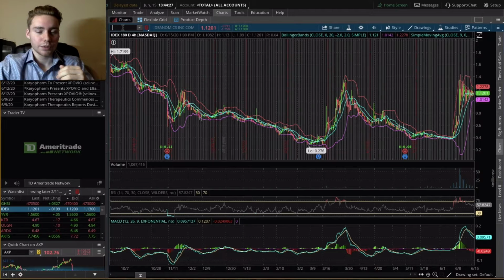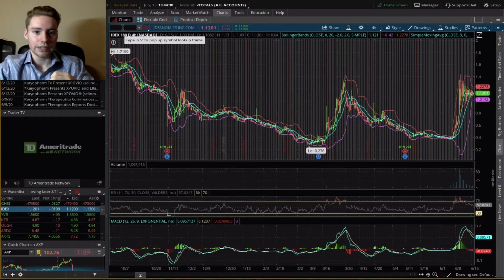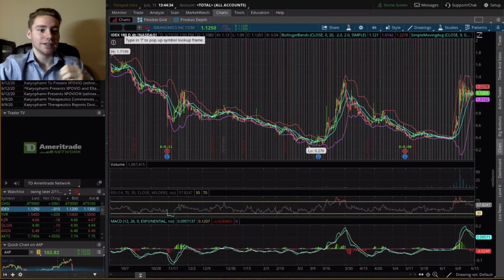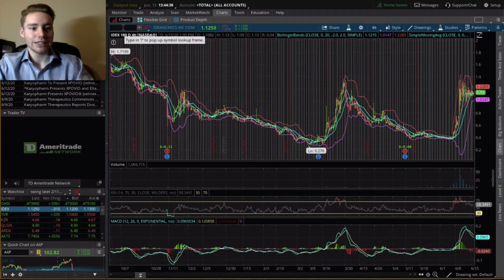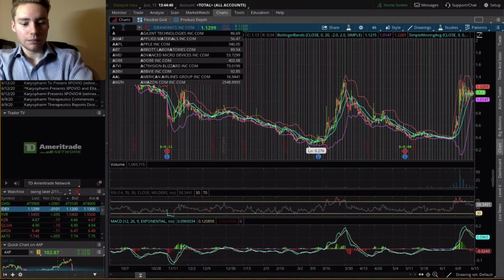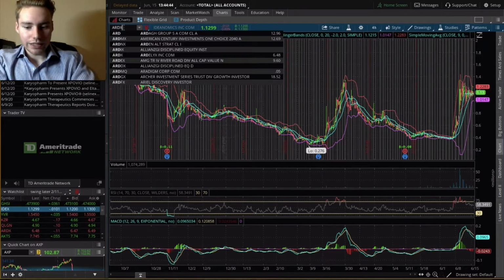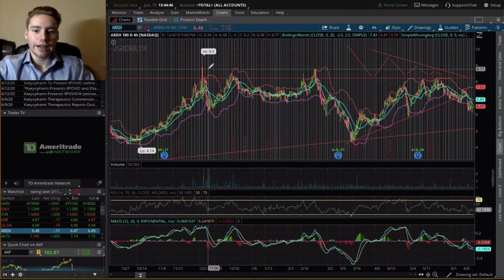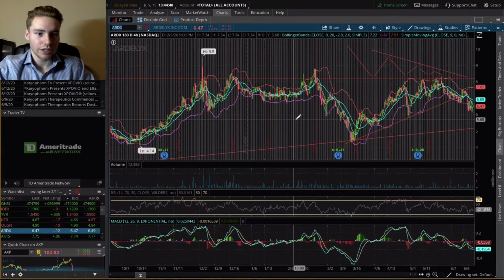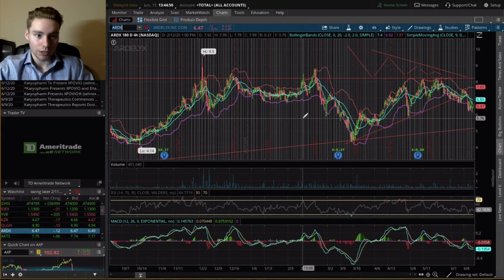Lastly, you're definitely going to want to make sure you know the difference between the ascending and descending triangles and falling and rising wedges. Now, the main difference here is that a falling wedge tends to be bullish.